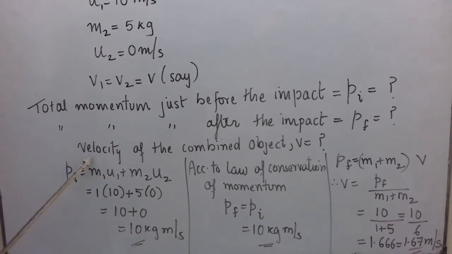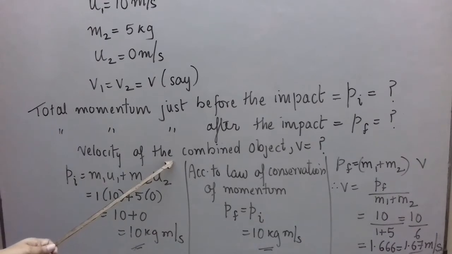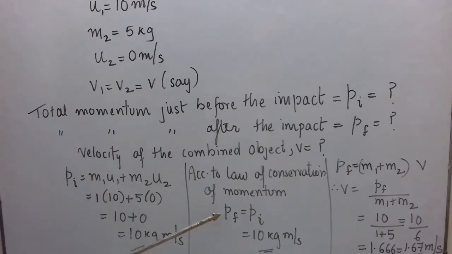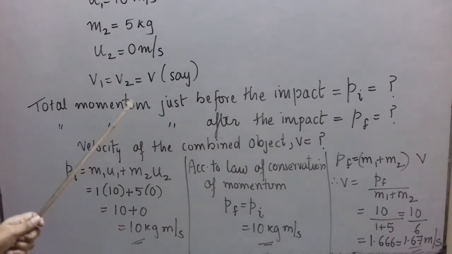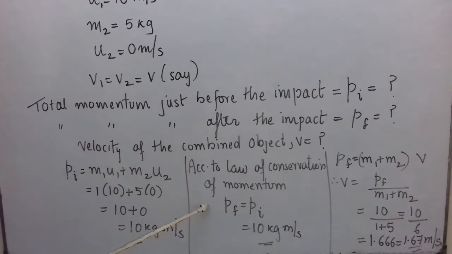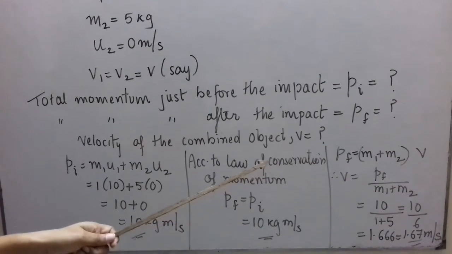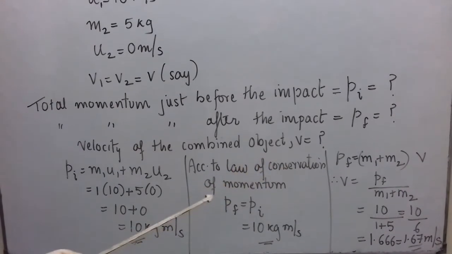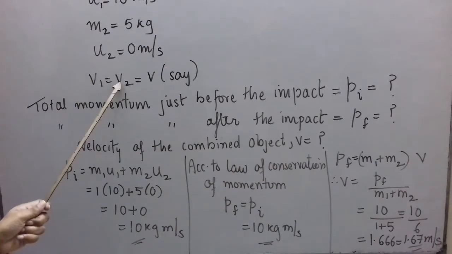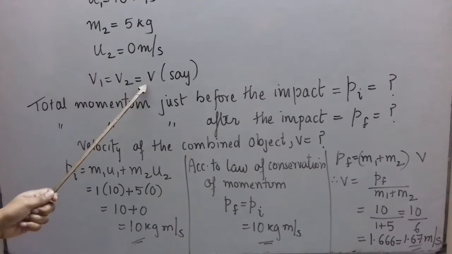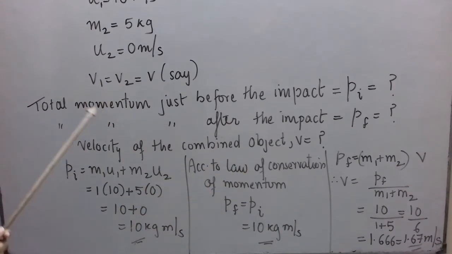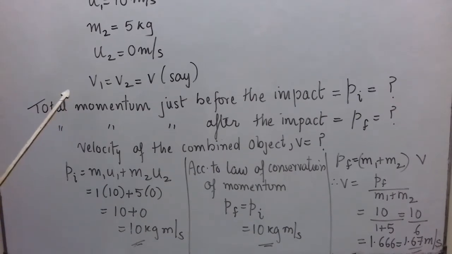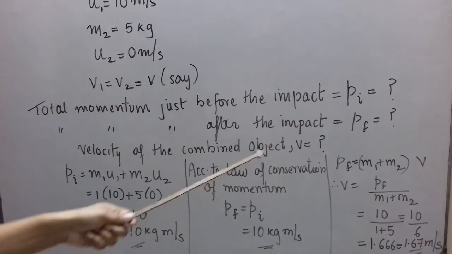Lastly, we have to find the velocity of the combined object V. How will we do that? We know that total final momentum contains the combined velocity V. So we'll write the formula for that. Either we can do it directly, m1 plus m2 into V, as we know that V1 and V2 are equal and we have taken each equal to V. Or we can add one more step, Pf is m1 V1 plus m2 V2, and since V1 and V2 are equal to V, finally we get this only.